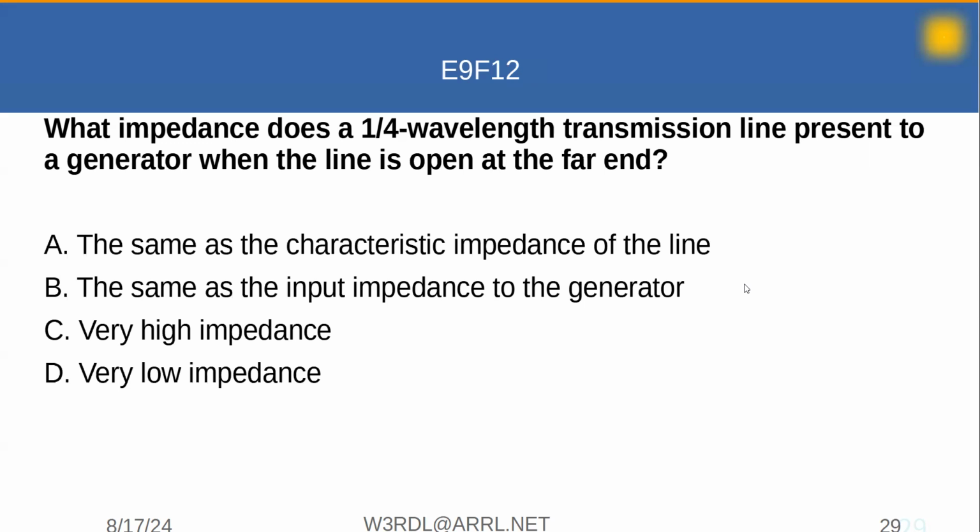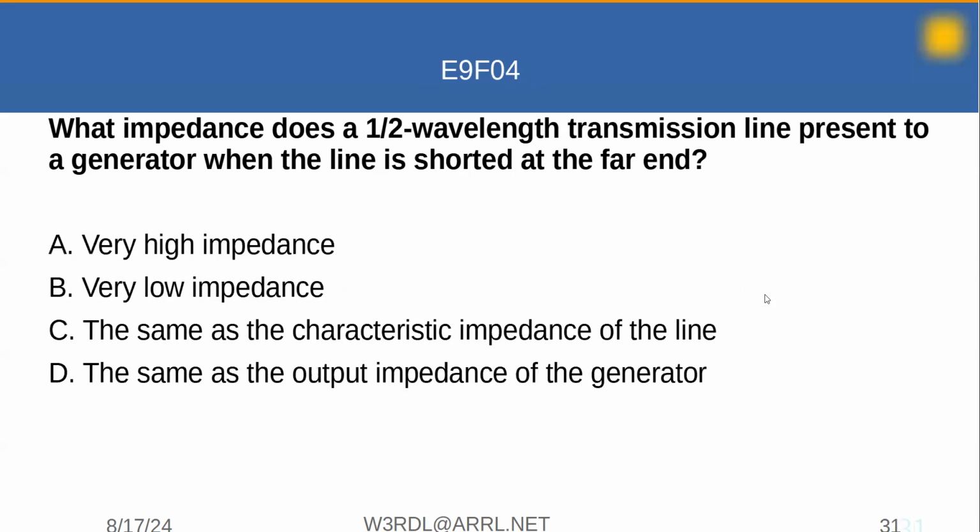Okay, try this one. If it's open at the other end, what is it? D. Oh, no, half wavelength. A half wavelength shorted at one end is going to be what at the other end? Should be B. Low impedance. They don't call them shorts and opens. They say low impedance, high impedance.